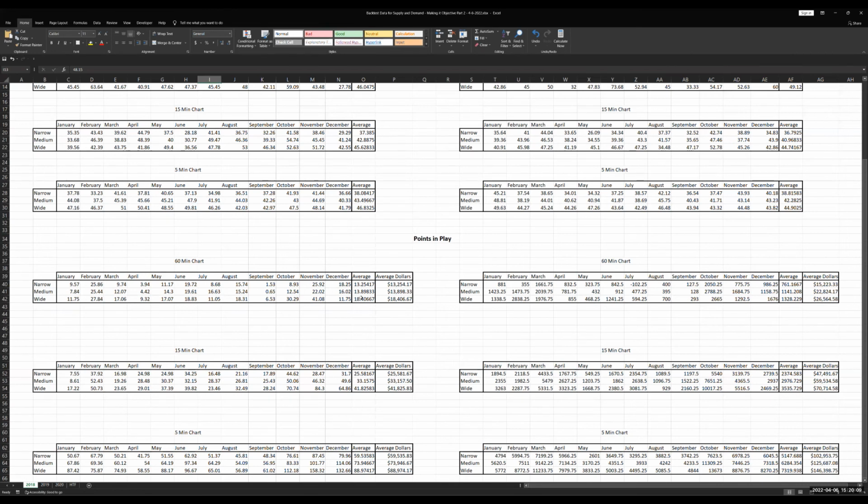So over here, you're going to see the point numbers for oil are going to be a lot lower. But we can see here how you draw your zones, narrow, medium, or wide, has a direct effect on the number of points that you can possibly capture within a month. And you can see what the average is here per month. And I have it translated here into dollars.